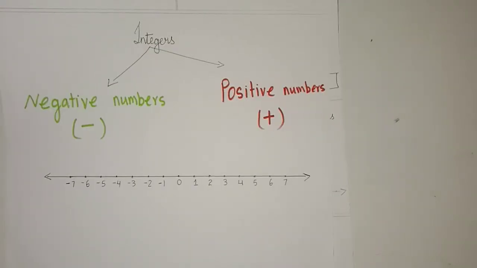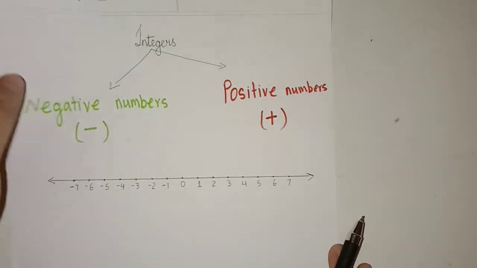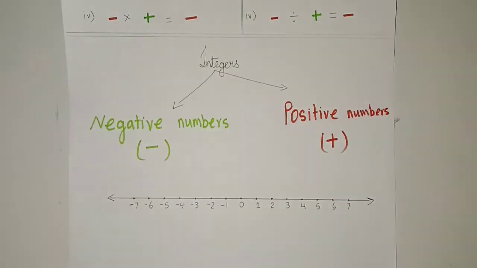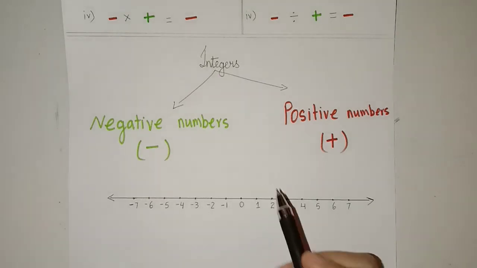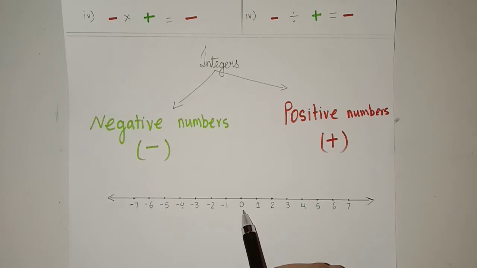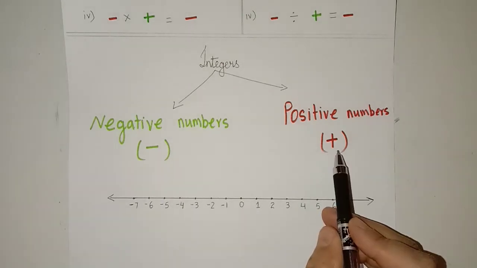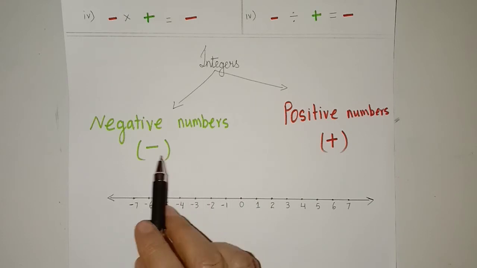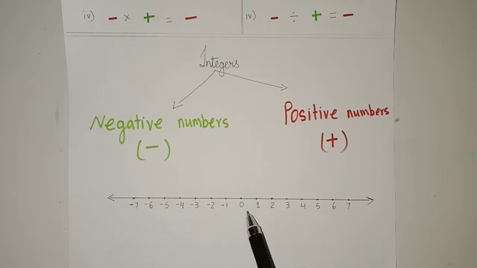Again, I'll repeat, this is very important. You have to keep in your mind that there is one number which is neither negative nor positive. What is that number? That number is 0. 0 is not positive and 0 is not negative. So 0 is the only number which is not negative and not positive.